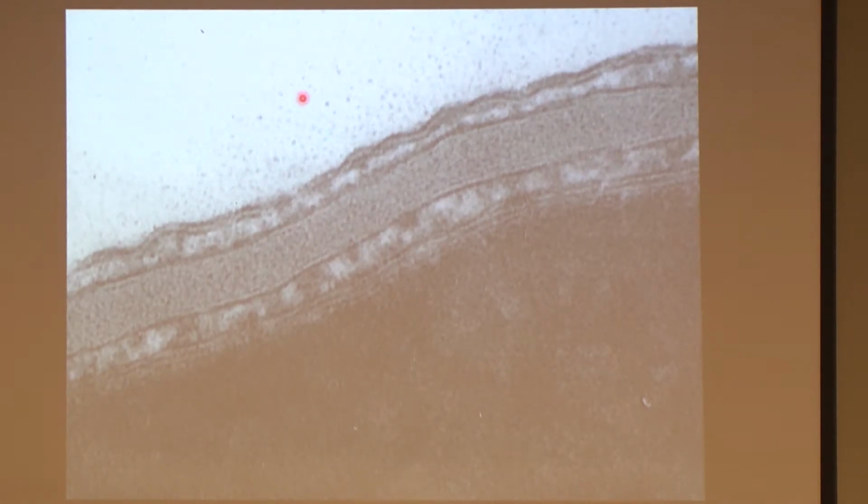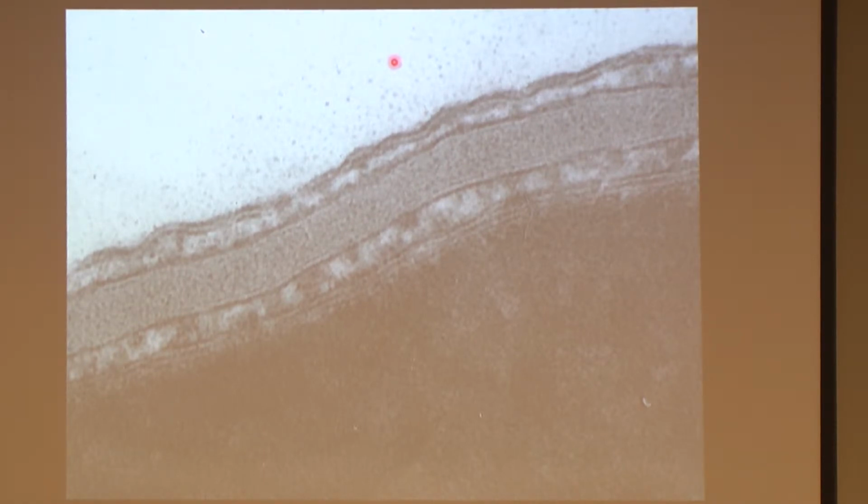Now, how do we study the fusion machinery that is here in this tiny cytosol in between the plasma membrane and the outer acrosomal membrane? The sperm cannot synthesize proteins, so you cannot overexpress or knock down proteins in the sperm.